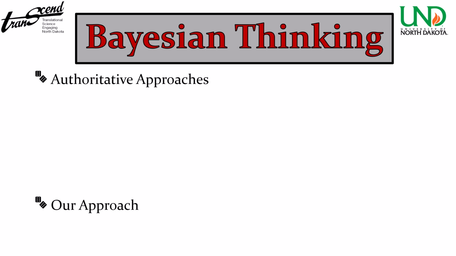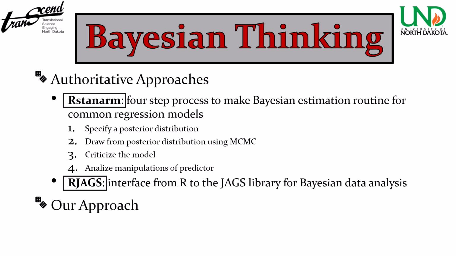When it comes to actually running Bayesian analysis in something like R, which I'll be using today, there are a couple of what I call authoritative approaches. If you're going to do nothing but Bayesian analysis, you want to do it the most high octane way. There's the STAN methodology, so you could use the package rstanarm.